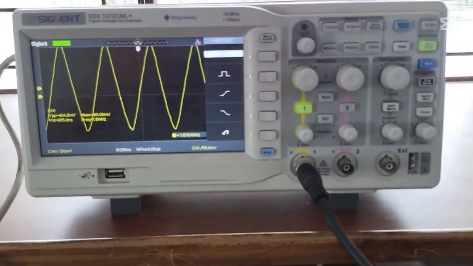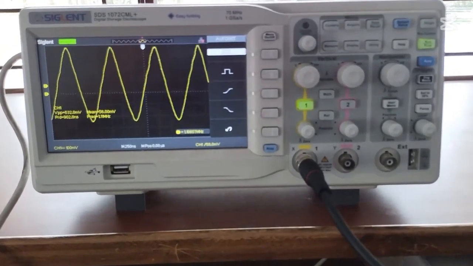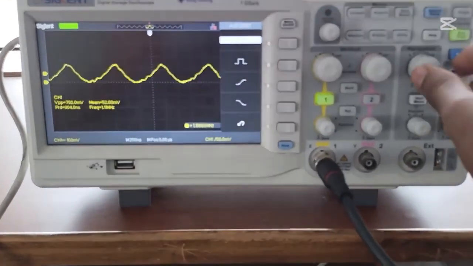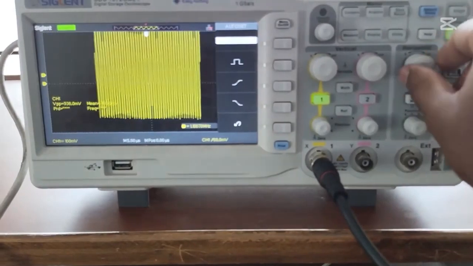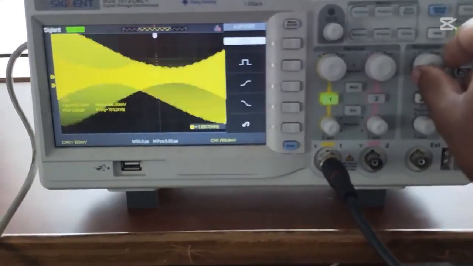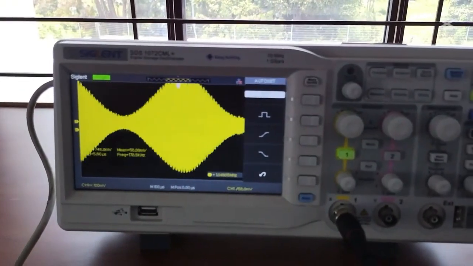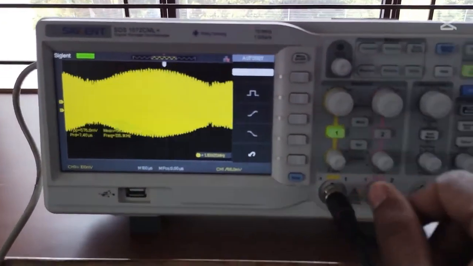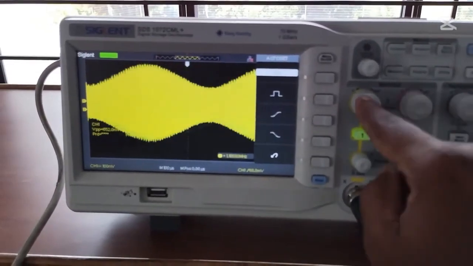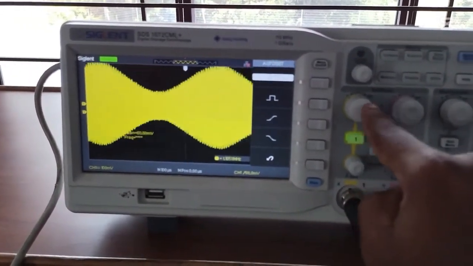So why is it fluctuating? Because in amplitude modulation the amplitude changes according to the message signal. If I change the time per div, you will see the modulated signal that we have discussed earlier here. All right.